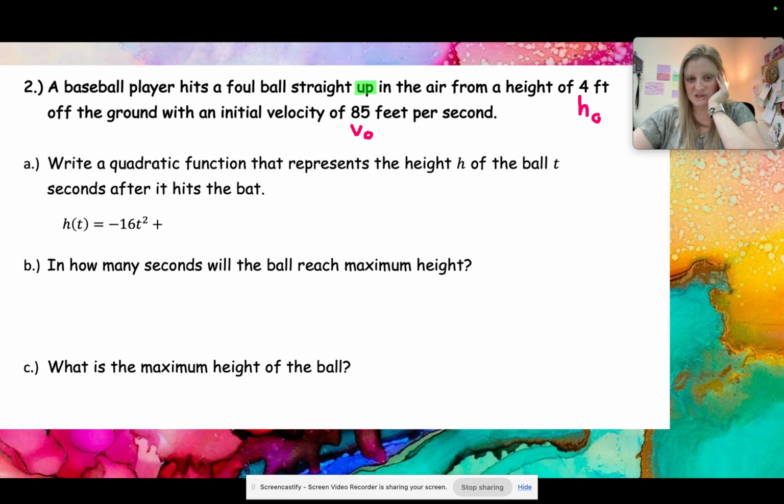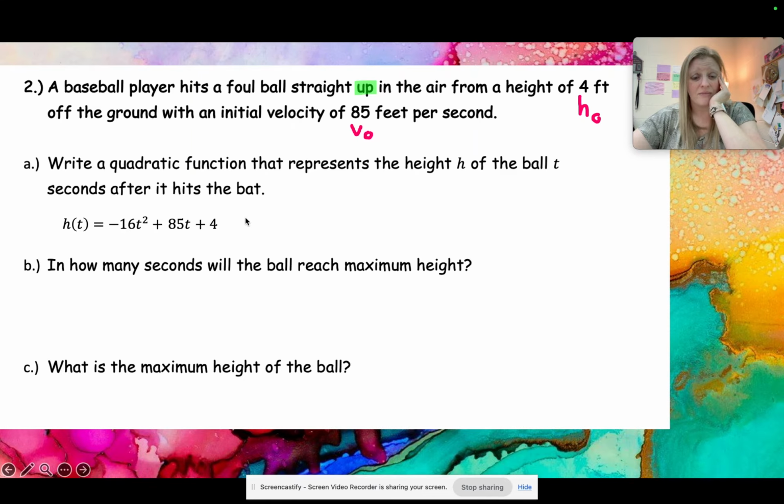We're going to use the plus symbol for up. And then it's our initial velocity, t, plus h sub 0. So really all you're doing is you're plugging in your velocity and your starting height. That's it. You're just copying the formula and putting in those two. You're always going to have the 16 here because we're going to have gravity. All right, and that's it.